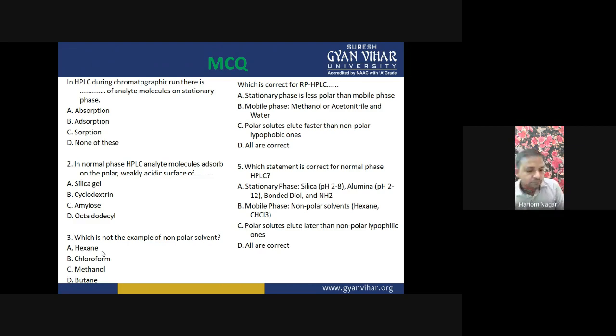Okay, and methanol is a polar solvent because it has hydrogen bonding and contains an OH group, and the OH group is a polar group due to the electronegativity difference between hydrogen and oxygen. And butane is also an example of a non-polar solvent. Chloroform does not have too much polarity, but methanol is more polar. Okay, so which is not an example of a non-polar solvent? Methanol. Methanol is actually a highly polar solvent.